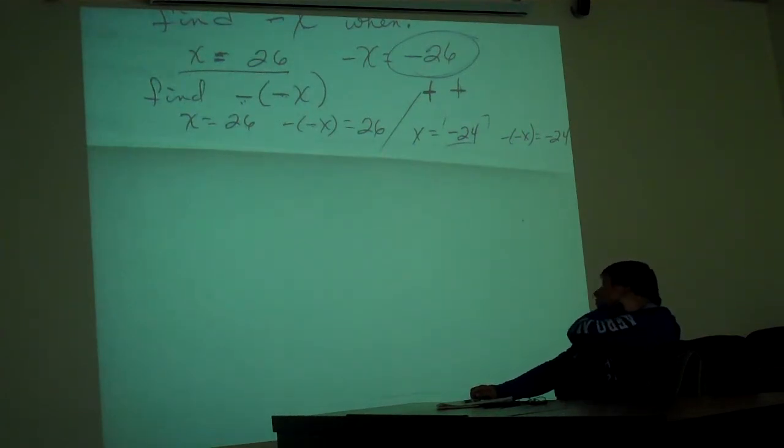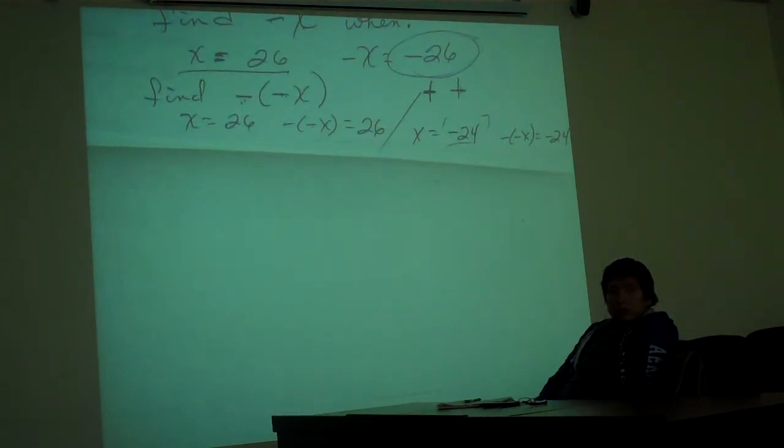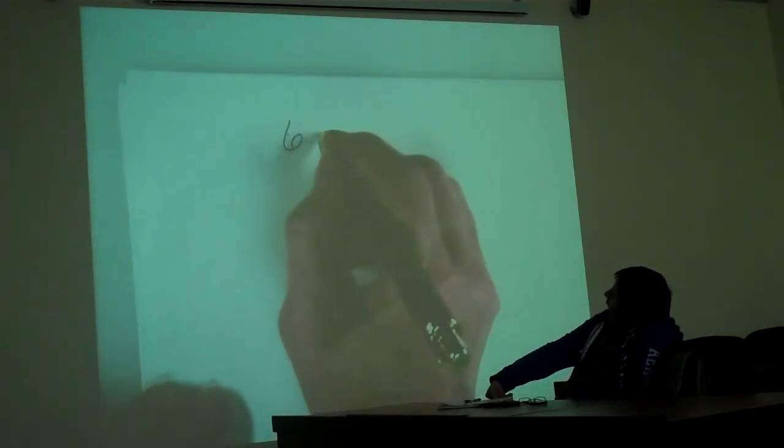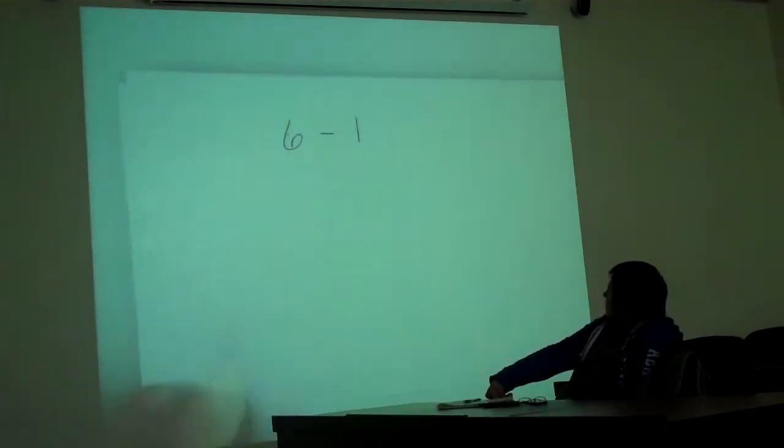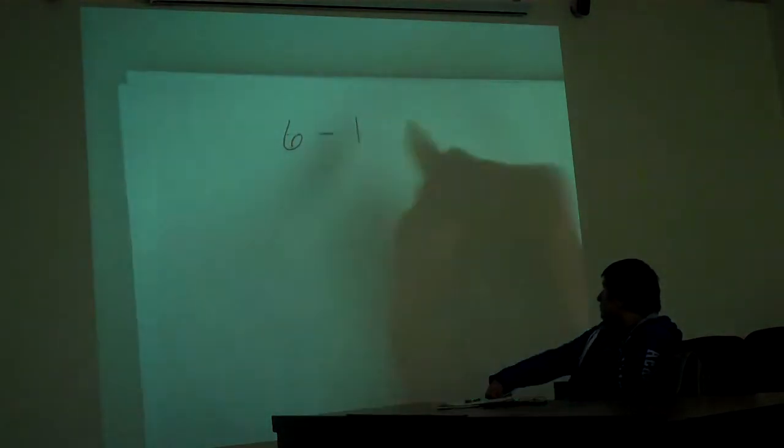And what else do you have to do? Subtracting numbers. That's where we're going to use the middle of that paper. Okay. Let's say we have 6 minus 1. You already know it's 5, right?